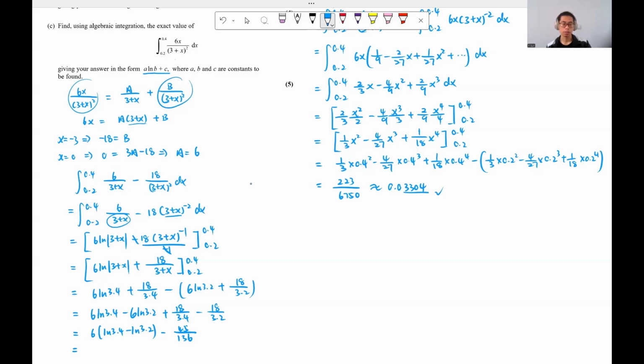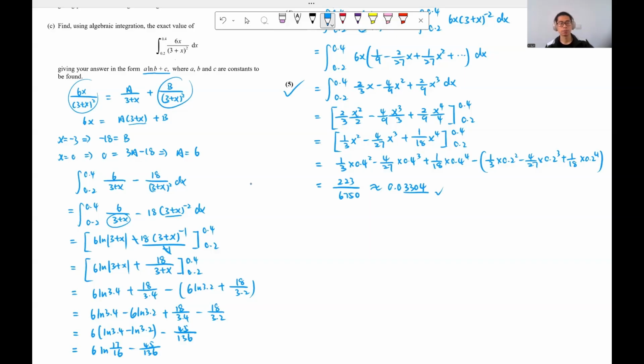And then this part, if we simplify, ln 3.4 minus ln 3.2 is the same as ln of 3.4 divided by 3.2, which is 17 over 16. So that would be the final answer. In this case, A is 6, B is 17 over 16, and C will be negative 45 over 136.